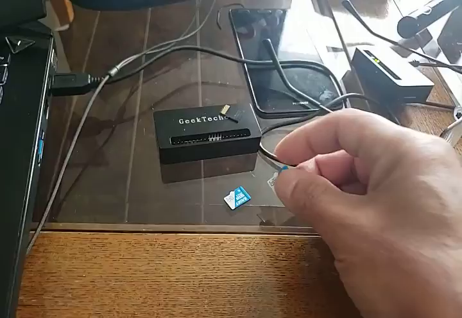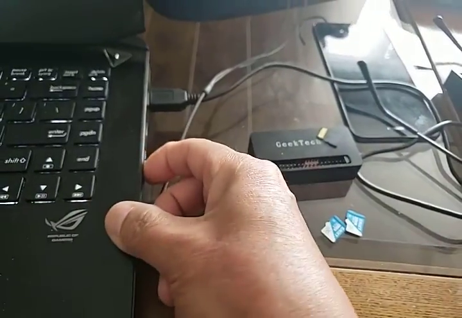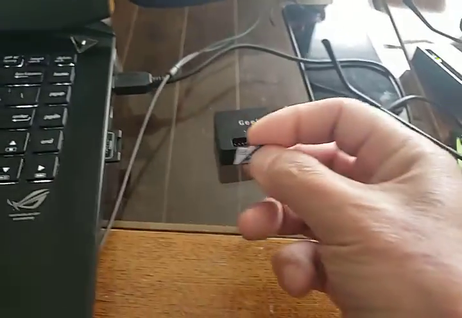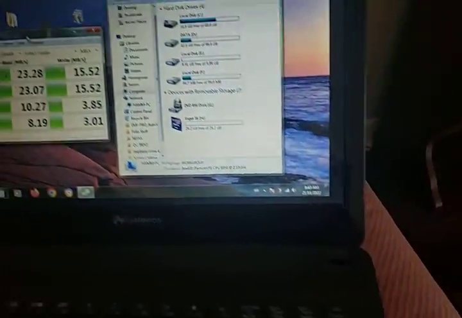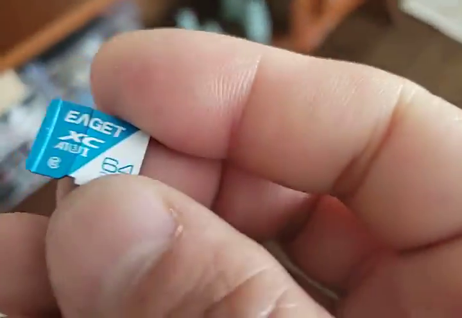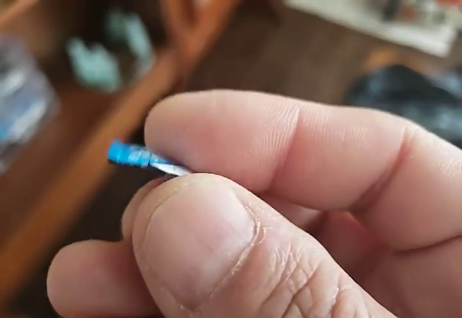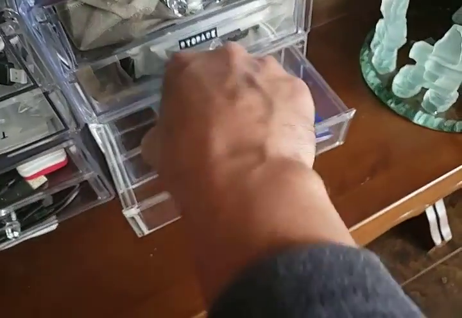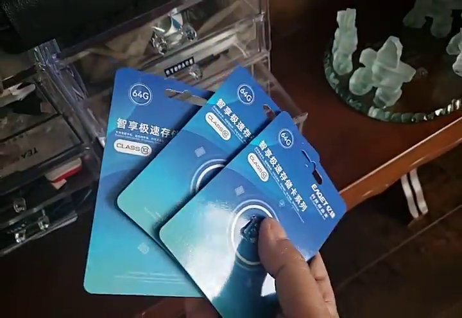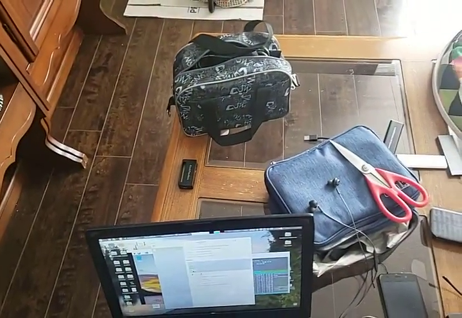Out of 10 cards, 3 are bad, that I cannot even format, with one that I was able to format but didn't duplicate correctly, and one out of the 4 64 gigabyte cards that overheated and broke, and I haven't opened the other 3, so maybe one or two of the 3 will suffer the same fate as this one. So as you can see, defective products mostly.